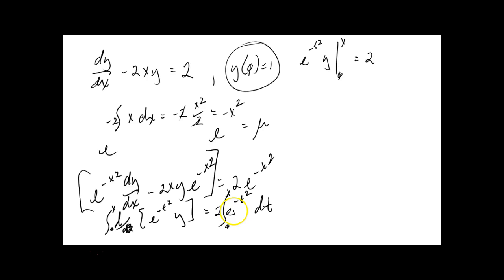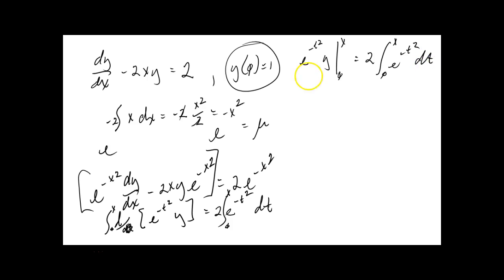Okay? And actually, I want to write that as 1 over root pi times the error function, but they're not doing that yet. They're just leaving it alone for now. 2 times the integral from 0 to x of e to the minus t squared dt. Leaving in integral form.